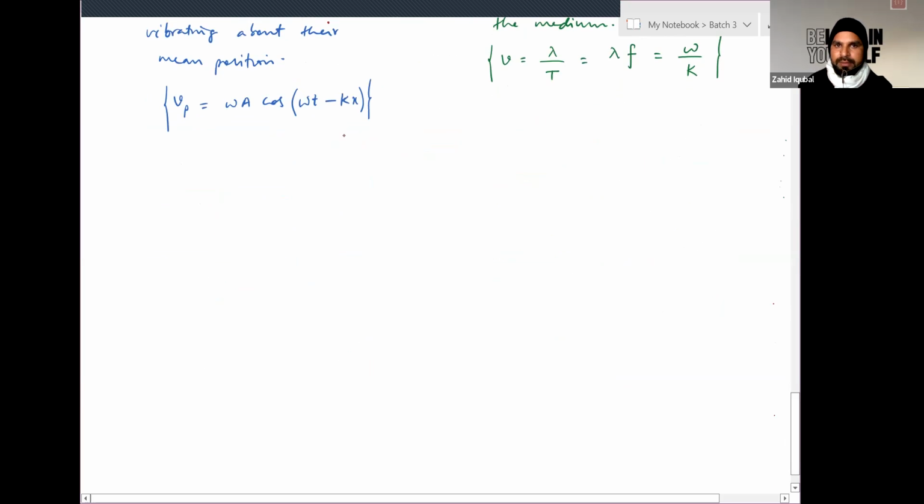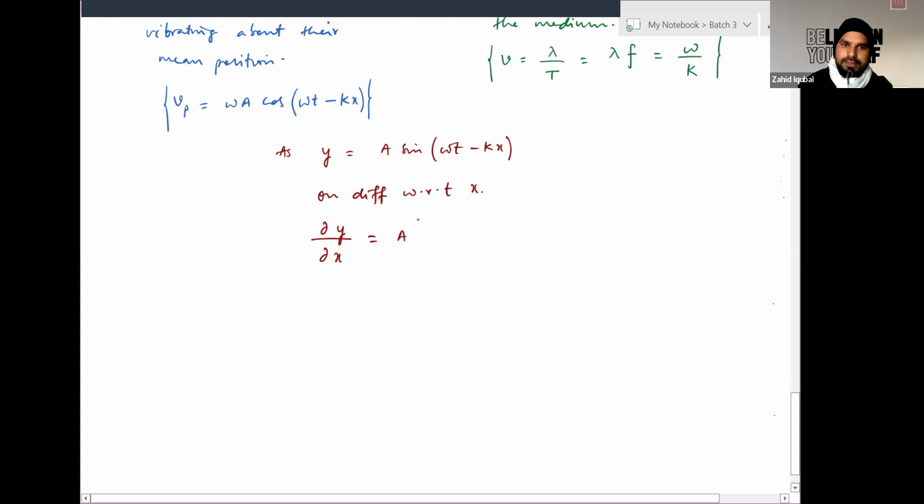Now, next we have to compare or relate these two parts. So let me define how to relate. As displacement equals A times sine (omega t minus kx), if you differentiate it with respect to x, you will get dy over dx.